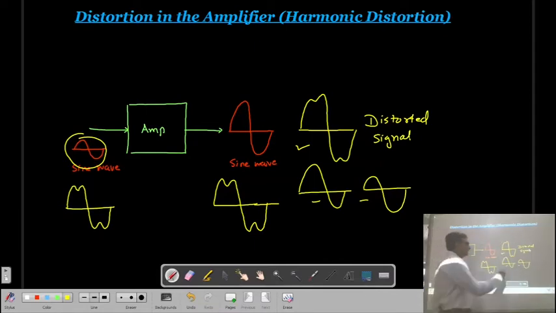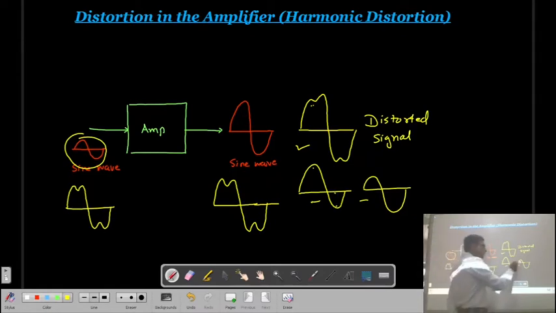Now here if you see, the shape of your positive cycle and negative cycle is different from your input signal. Some harmonics are introduced in this signal. Here if you see, in this case the positive cycle is amplified properly, but the amplitude of the negative cycle is less than the positive cycle.